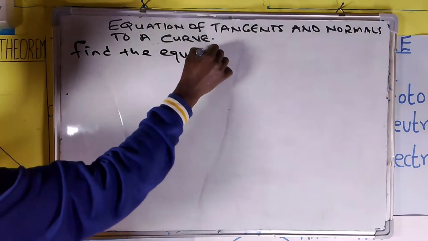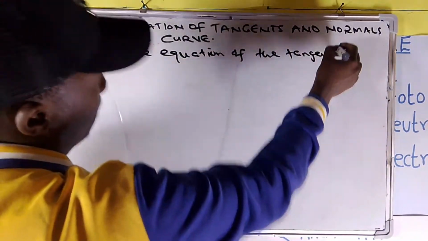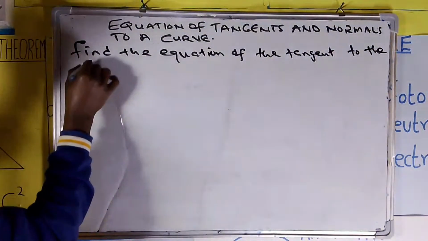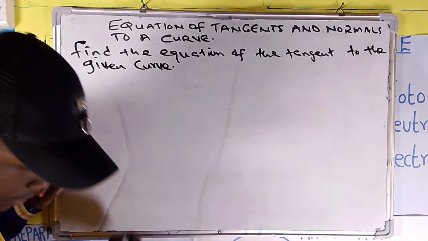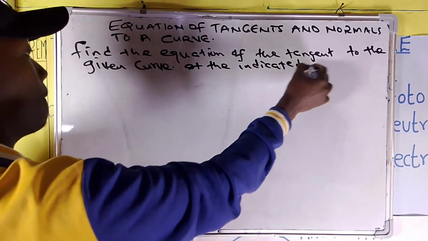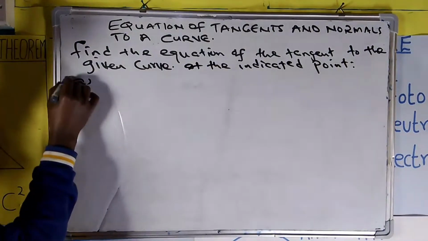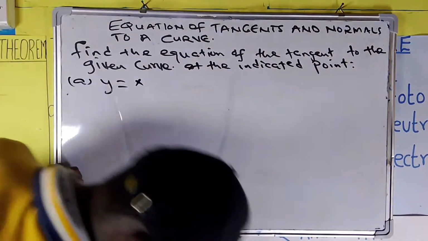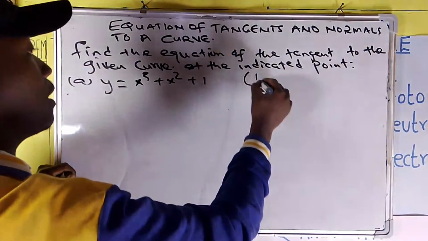Find the equation of the tangent to the given curves at the indicated point. y is equal to x cubed plus x squared plus 1 at the point (1, 3).